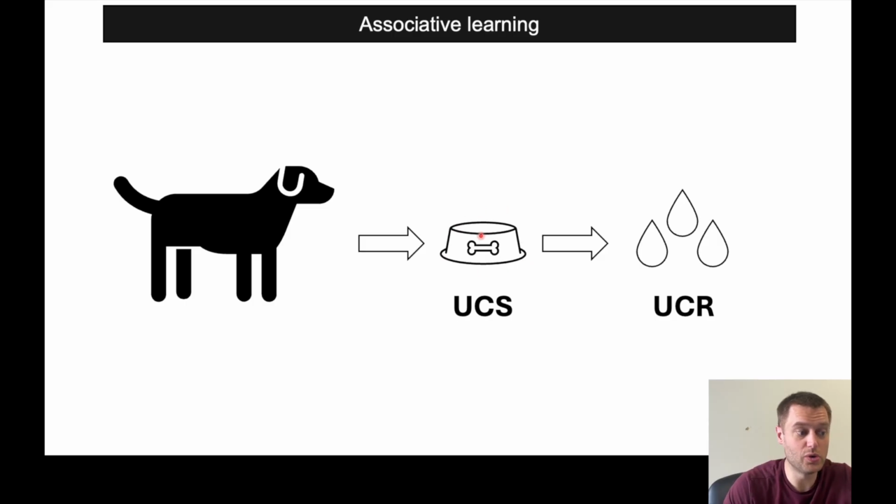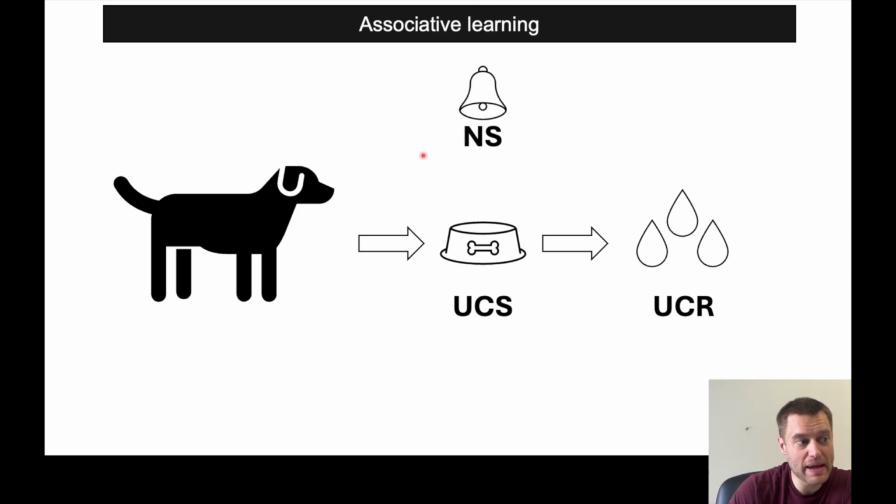So the food is an unconditioned stimulus, and when you put the food in the dog's mouth, then saliva will start to be produced. This is an unconditioned response because it's just a physiological outcome. There's no learning that needs to happen. It's just the case that when you put food or kibble or whatever in the dog's mouth, then saliva is produced. It's a response to the stimulus, and it's unlearned.